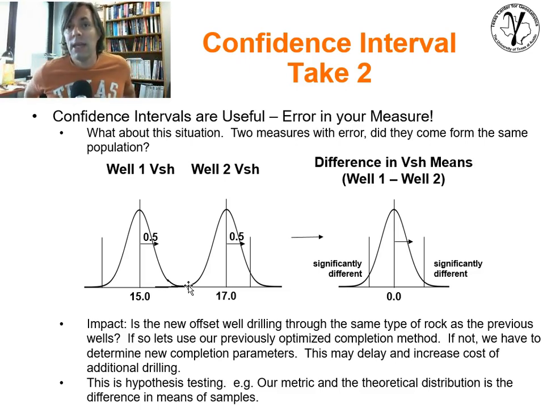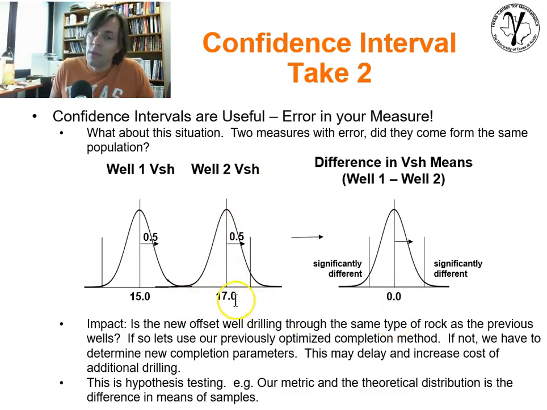Could they in fact be from the same reservoir, or do we expect that they're distinctly different from each other? Maybe we're dealing with different rock, different parts of the subsurface. So if you wanted to test that or understand it, we would have to go ahead and use the concept of confidence intervals to be able to do that.